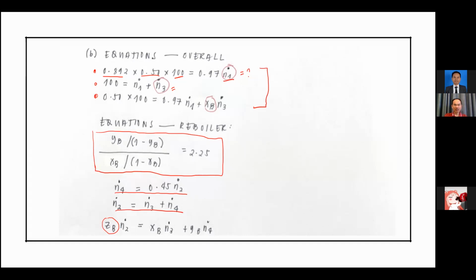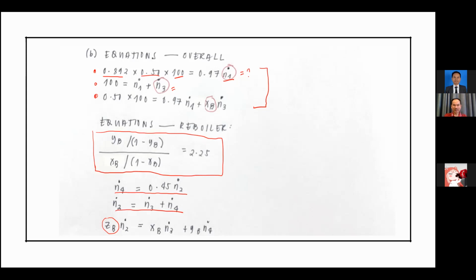This is the amount of benzene in the feed, based on 100 moles of the total feed. So the total amount of benzene in the feed is about 50 moles. You multiply with 0.892. This is the amount of benzene split out at the top of the product.